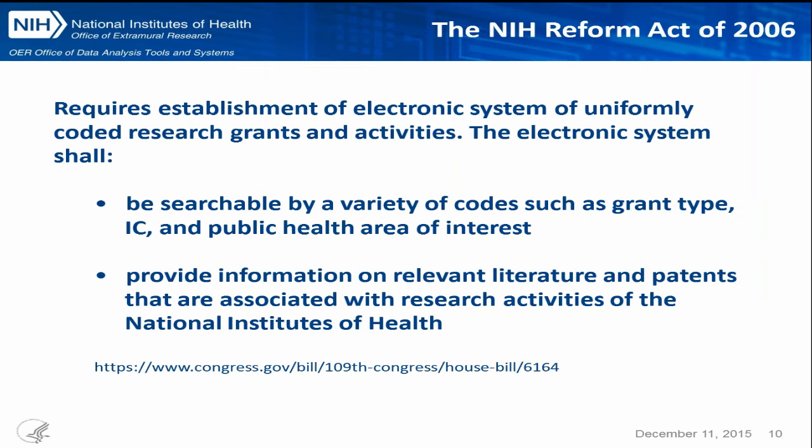In the NIH Reform Act of 2006, NIH was required in legislation to make all of the information on our grants and contracts and intramural projects that we support publicly available online, as well as providing information on the literature and patents that result from that funded research. So we're required to be able to link our funding to published literature and make that publicly available.